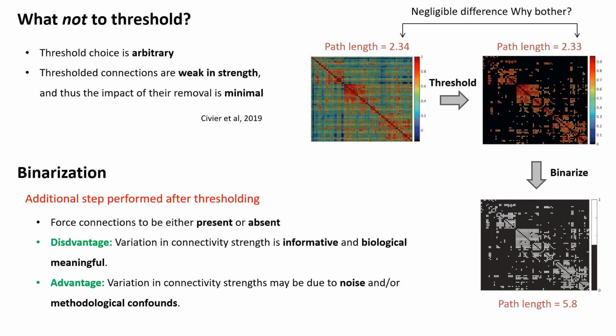So these are some careful choices that need to be considered. Should you threshold your connectome? And if you decide to threshold, should you also binarize your network before conducting graph analyses? And there's no right or wrong answer here. This largely depends on the kind of analysis and the context of the analysis.